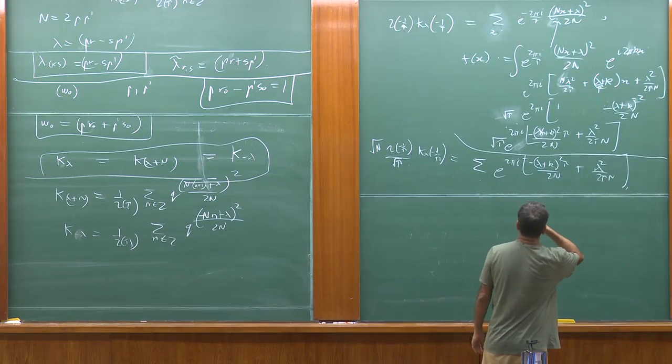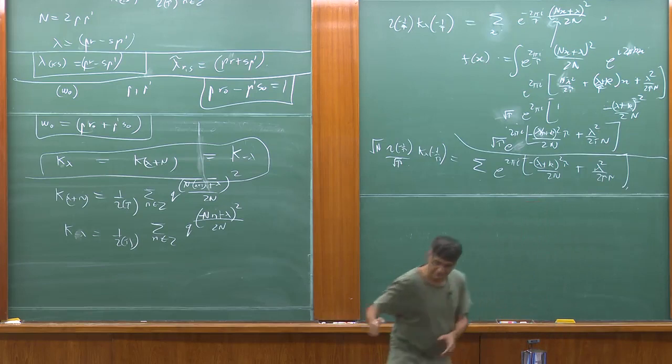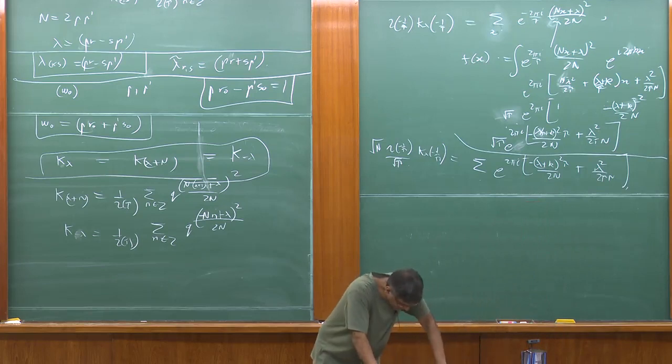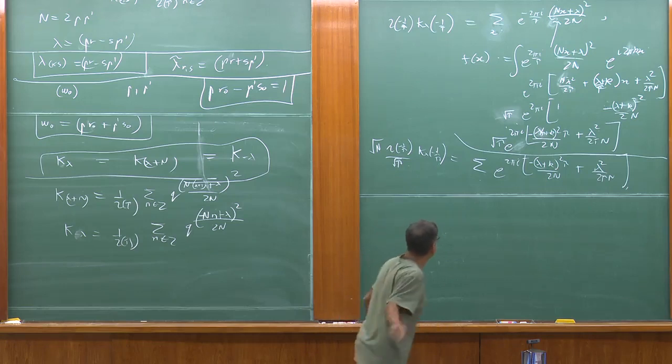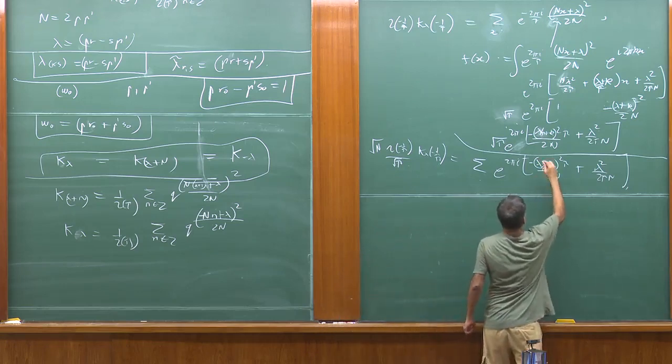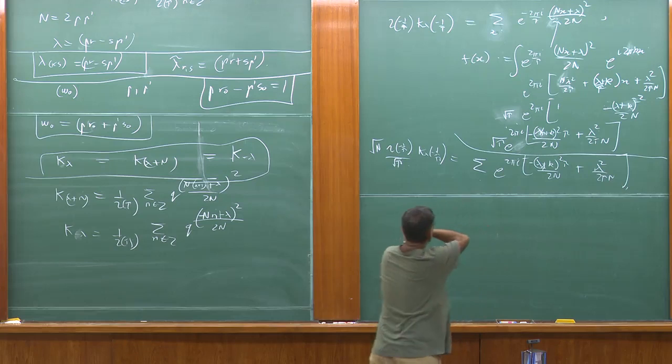The point is what? They had a factor of n. So have I messed up an n? Sorry, give me one minute. Everything that was 1 over tau for them came with a factor of n. Not seeing any n's here.